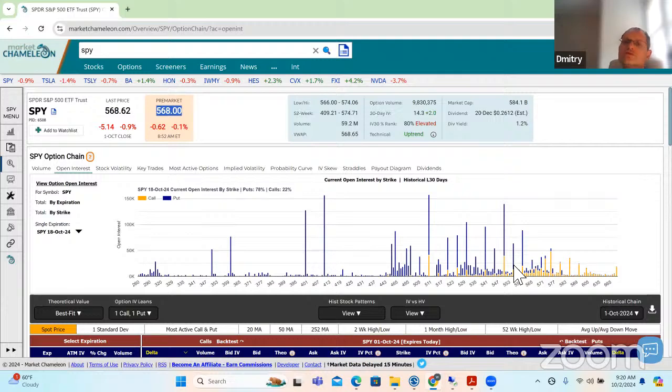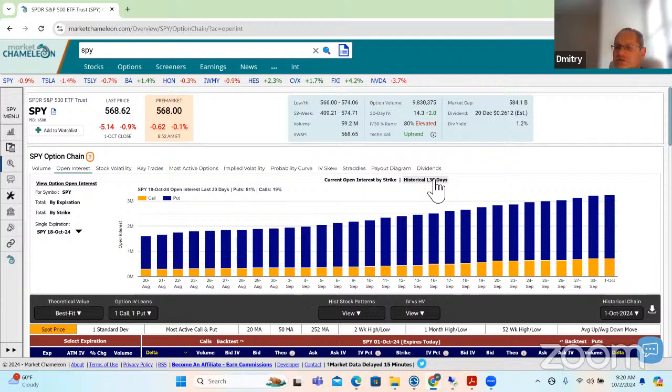We could also just take a look at the last 30 days, and how the open interest in this expiration changed from day to day. So this is the total open interest in the October 18th expiration. And we could see that it just kind of steadily goes up on a daily basis.